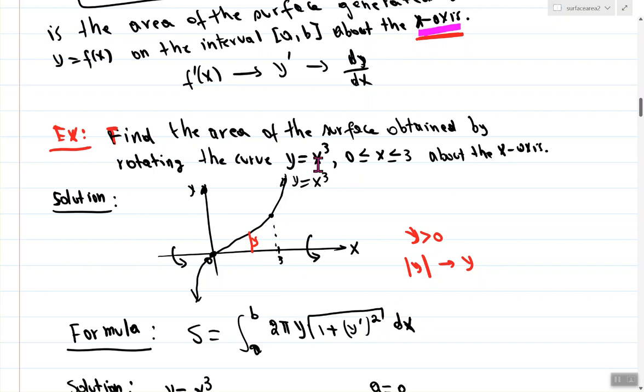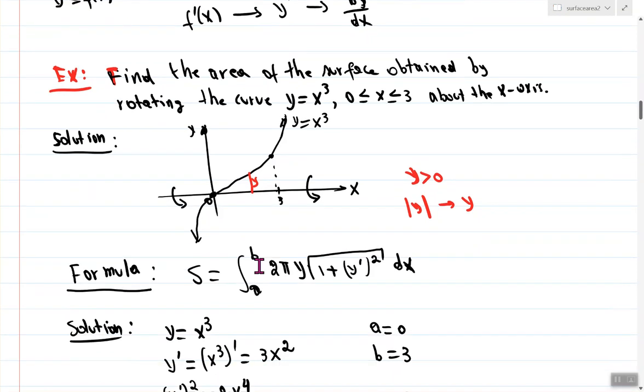Now y is x cubed. So x cubed will go here for y, and then we take the derivative of x cubed and square it. As you can see, when you graph y equals x cubed, we need only this positive part from 0 to 3, because it says so. And the radius therefore is y, the radius of the circle.